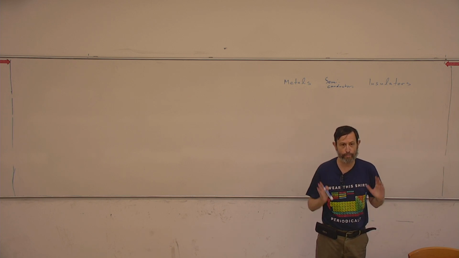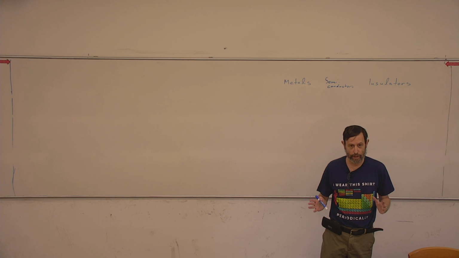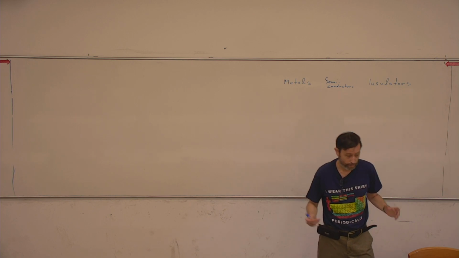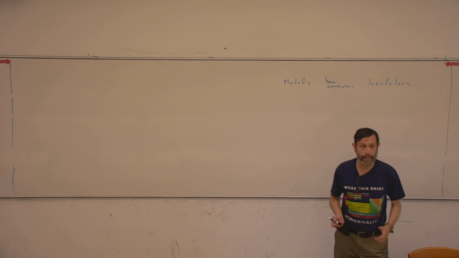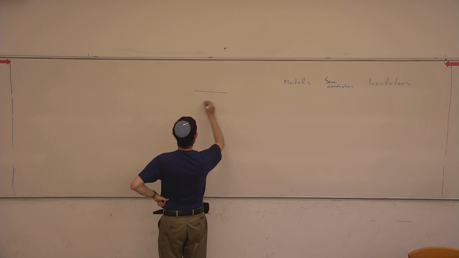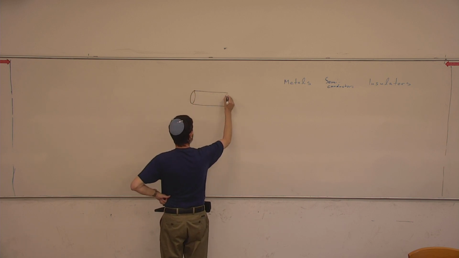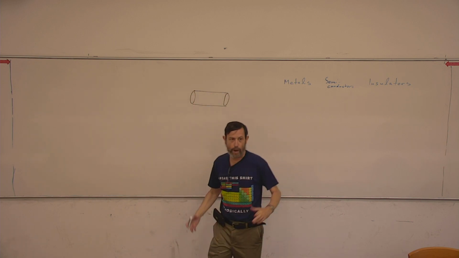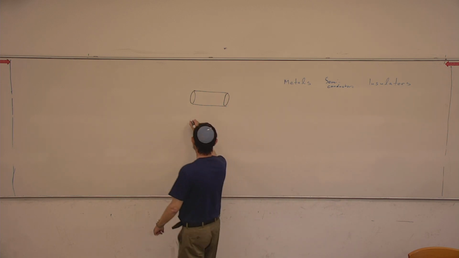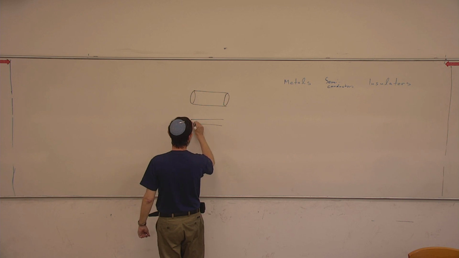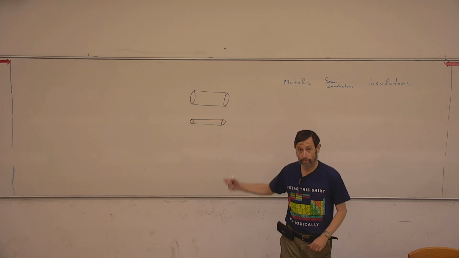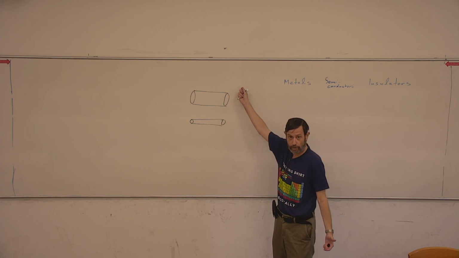There are two components of resistance. One is pure geometry. If I take the same material and I take a wide conductor or a thin conductor and measure the conductance through it, this will have higher conductance, lower resistance.